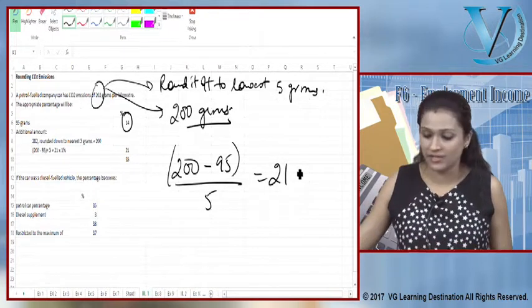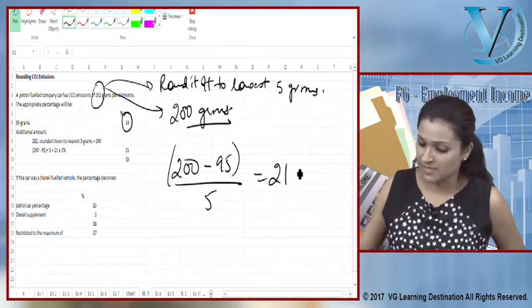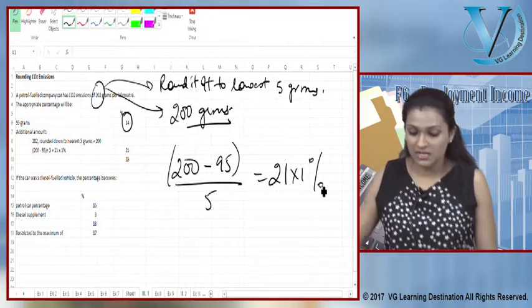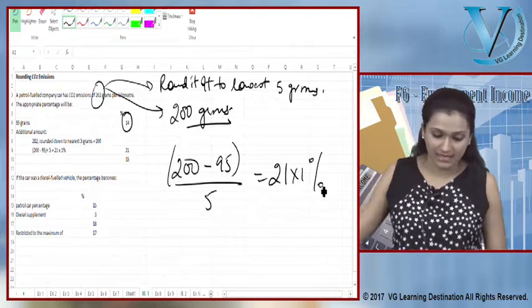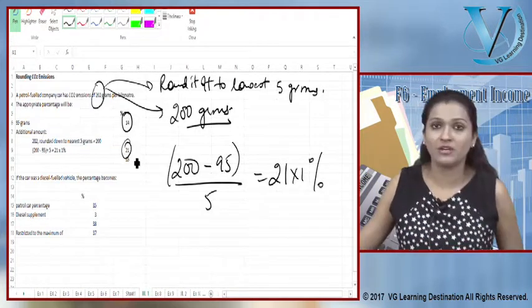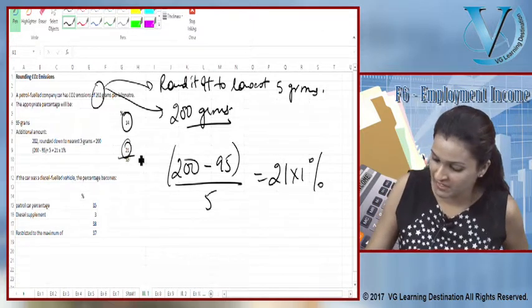So 21 gets multiplied by 1%, and 21% is added to 14%, resulting in a total of 35%.